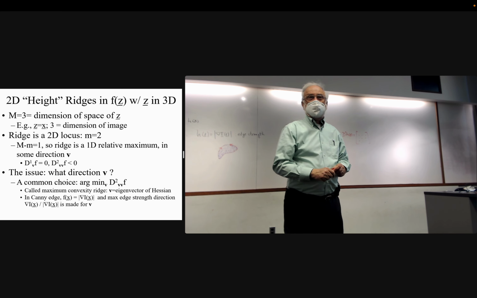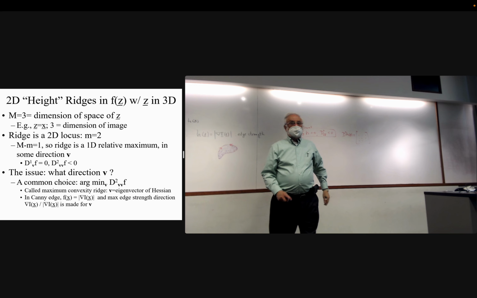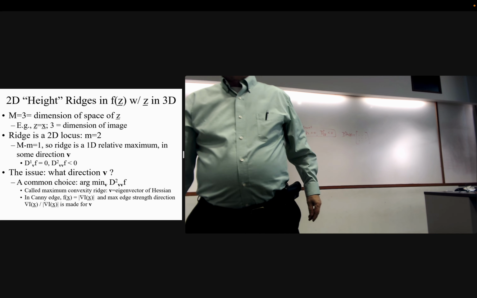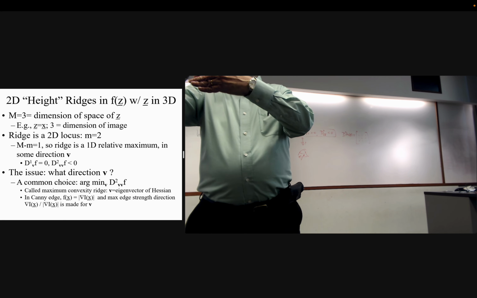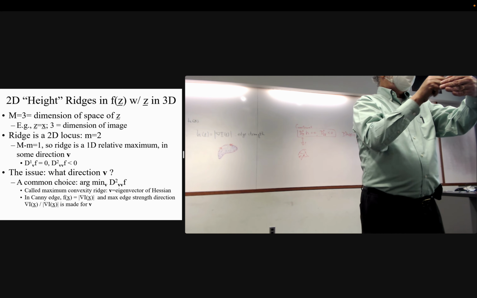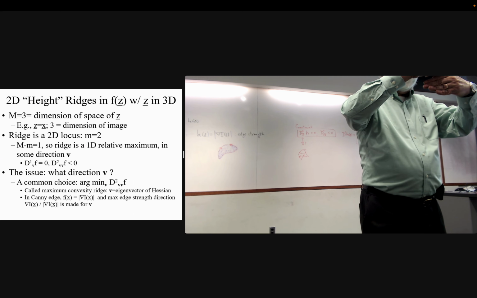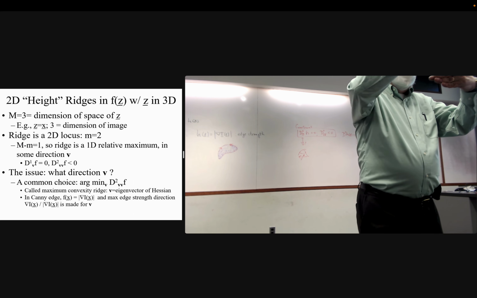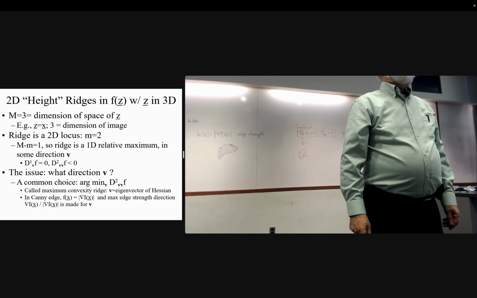And we play the same game: in that direction, we want to find whether the first derivative in that direction is 0, and then you have this relative max property. Now, a direction across from the inside of my hand to the outside of my hand. If I walk in that direction, I have a maximum of, in this case, the gradient magnitude to be my ridge. Okay? Still good?